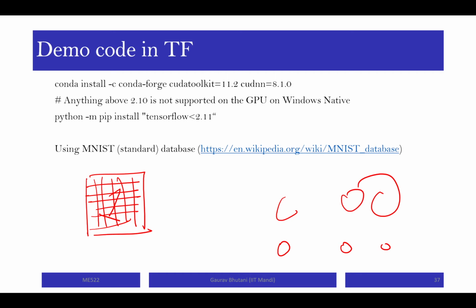Regions where you have text will become a 1, and regions where you have nothing will all be zeros. So if my image is 20 by 20 pixels, I have a total of 400 numbers, each 0 or 1, there cannot be anything in between.